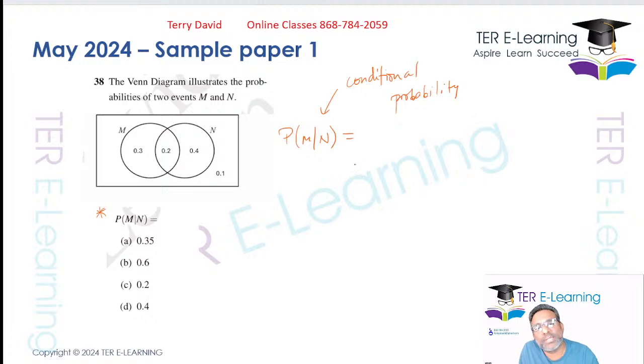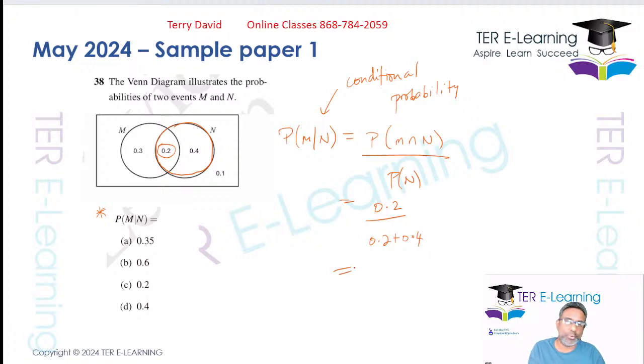To work out this conditional probability, since we have the 2 events, M and N, the formula is going to be M intersect N, all over the probability of N. M intersect N is this value here, which is 0.2, divided by the probability of N, which is the whole circle we're talking about here, which is the 0.2 plus the 0.4, which is 0.6.